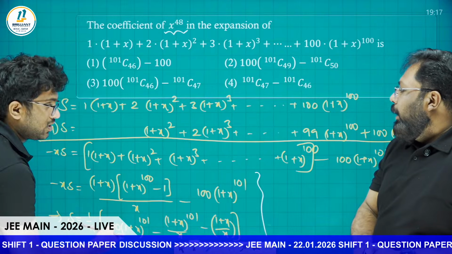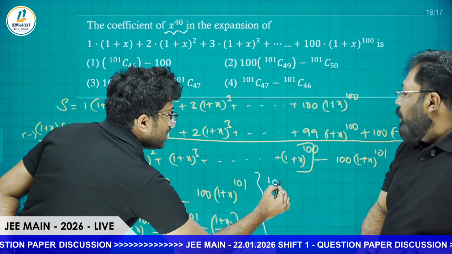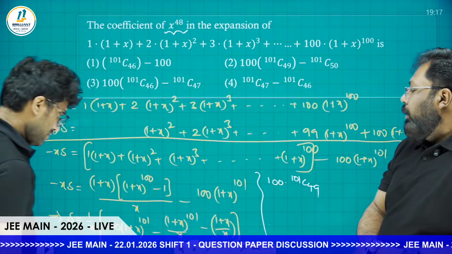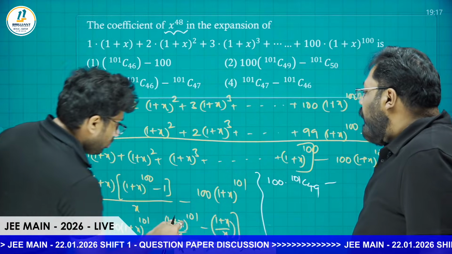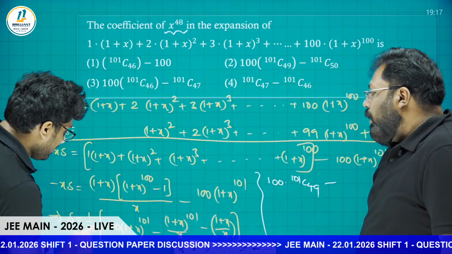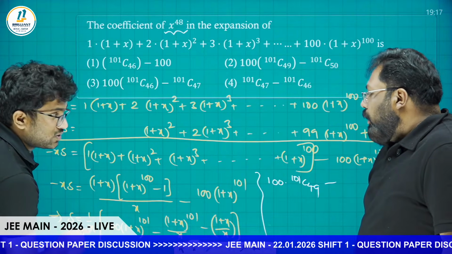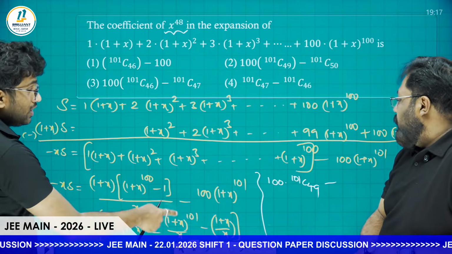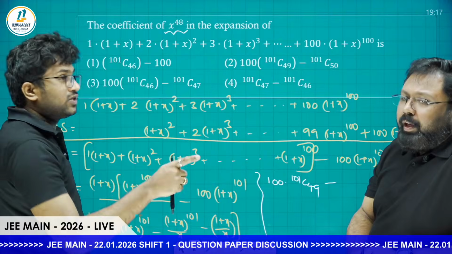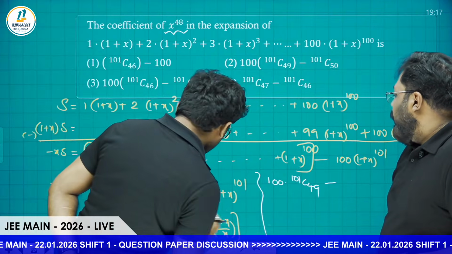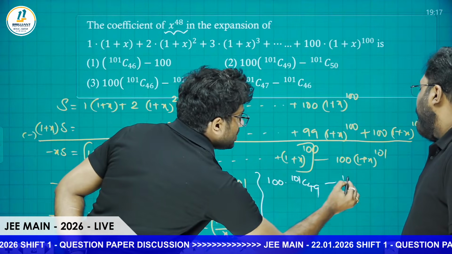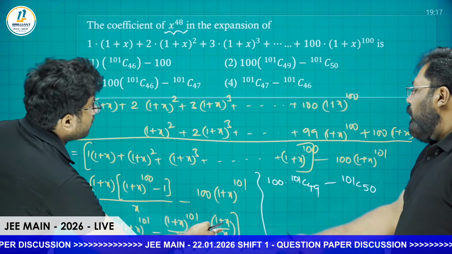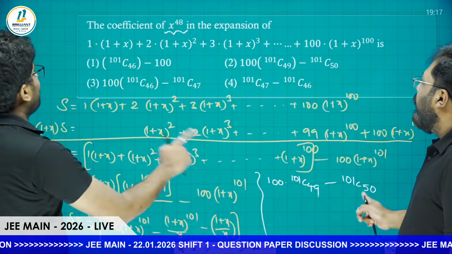So what will be the coefficient of x power 49? 100 into 101C49, minus 1 plus x whole power 101 divided by x as well as one more x. So that will be 1 plus x whole power 101 divided by x square. So we need the coefficient of x power 50 to get x power 48. So the coefficient of x power 50 in this expansion is 101C50. And we won't get any x power 48 here. So this is the final answer.